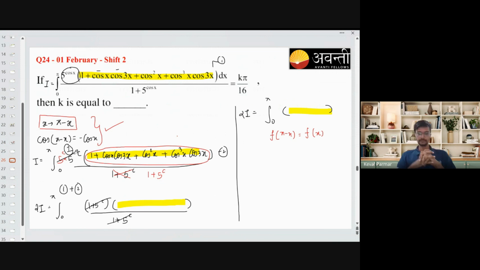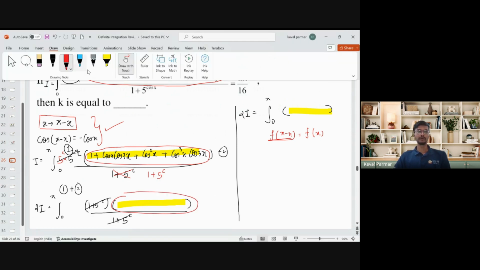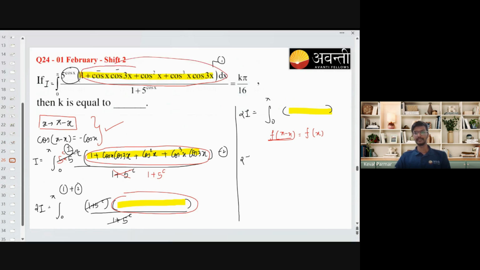Let me repeat: if we replace x by pi minus x, we get f of pi minus x, and this value remained the same. That's why we could take it common. So by using Queen's, I'll get 2I equals 2 times integration 0 to pi by 2 of this bracket. So this 2 and this 2 will get cancelled.